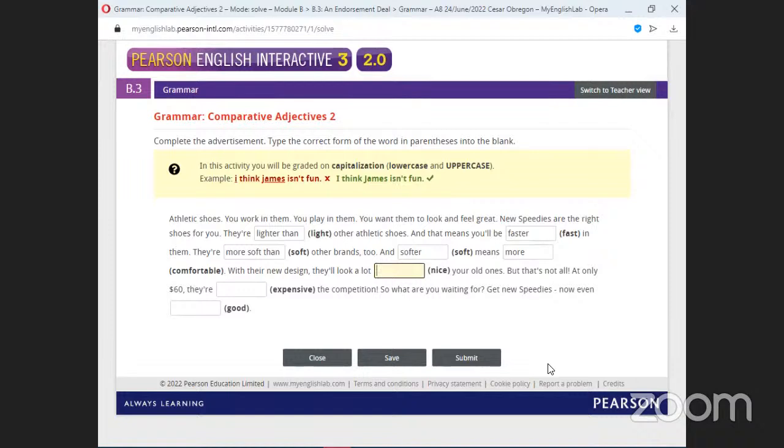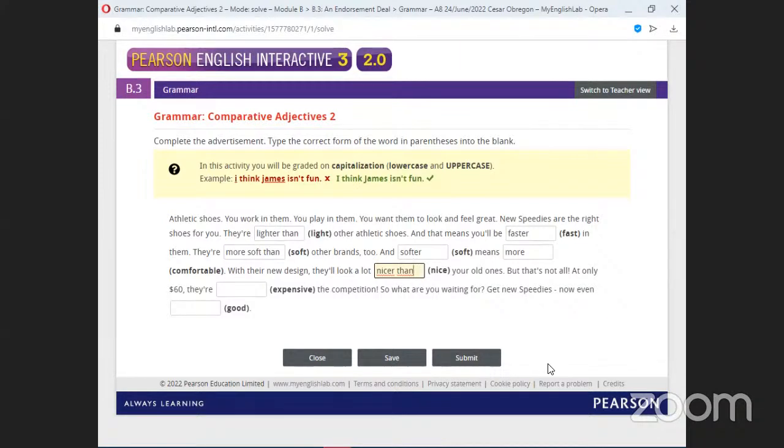With their new designs, they'll look a lot nicer. No, a lot. A lot nicer than your old ones. But that's not all.